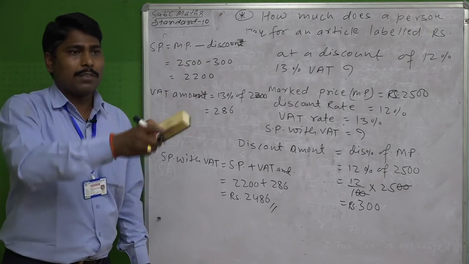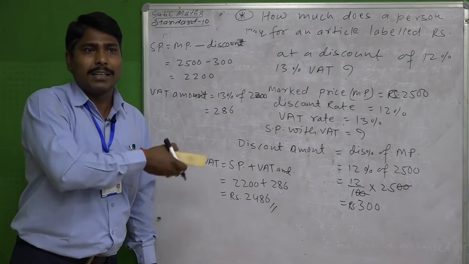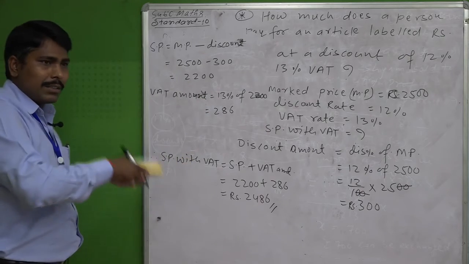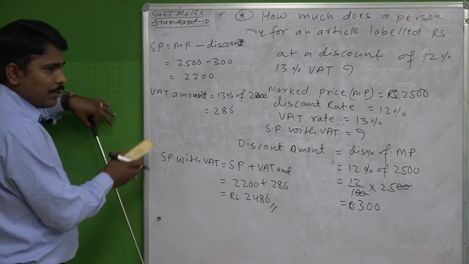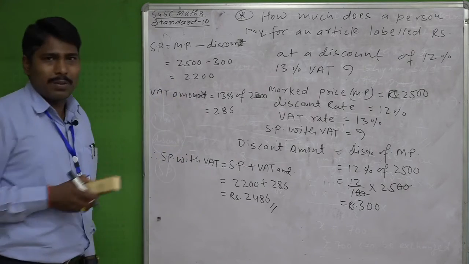If you use these two formulas, you can find the answer within two steps. But I am not doing it by the formula, because if you do it step by step you can understand it very easily, so I am doing it this way, okay.